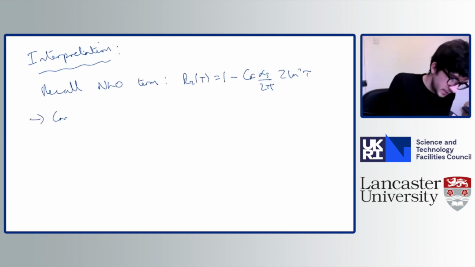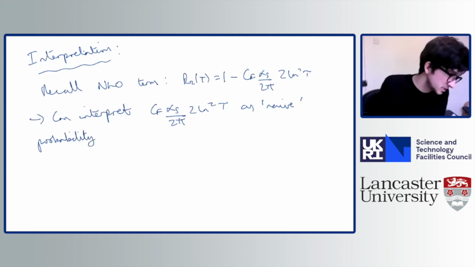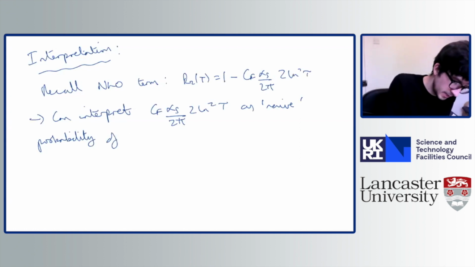Then we can interpret this CF alpha S over 2 pi, 2 log squared tau, sits there as a sort of what we call a naive probability, naive in the sense that it's what we get out from just calculating the first order in perturbation series. We've just seen that that's not enough, so that's why we call it naive. So a naive probability of radiation leading to a 3 jet event.